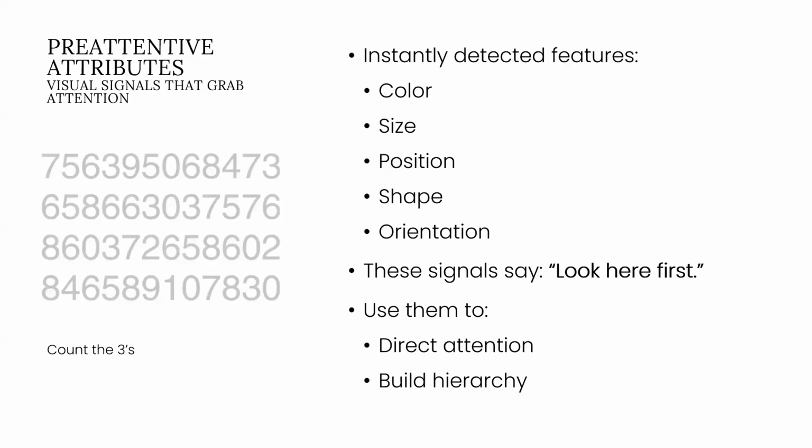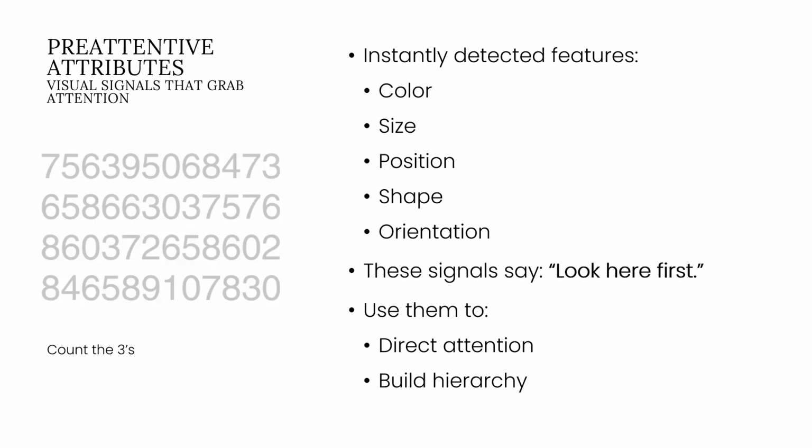These attributes are detected by iconic memory before conscious attention is engaged. Pre-attentive attributes are powerful because they do not require effort to interpret. They act as visual signals that say, "Look here," without requiring instruction. When one element differs from its surrounding in a pre-attentive way, the brain detects it immediately. This means we can guide attention without explanation, labels, or narration.